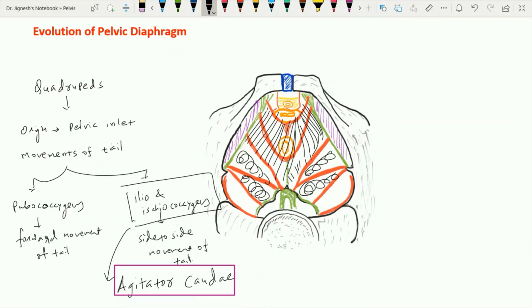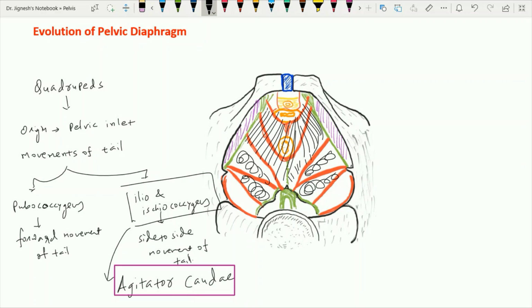Now with the upright posture, human beings shift the attachment of the pelvic diaphragm from the pelvic inlet to the pelvic cavity, where it attaches with the white line of the pelvic fascia, or we can say the tendinous arch over the obturator fascia.